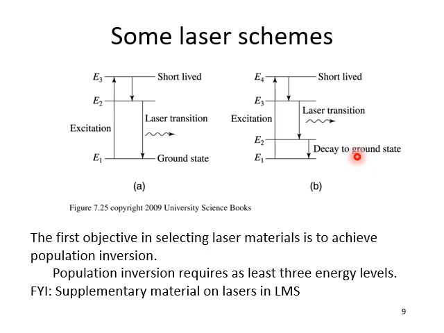A better laser system is set up so that we pump from the ground state to a short-lived upper state, just as we had before. And then there's a rapid excitation into state E3, okay?